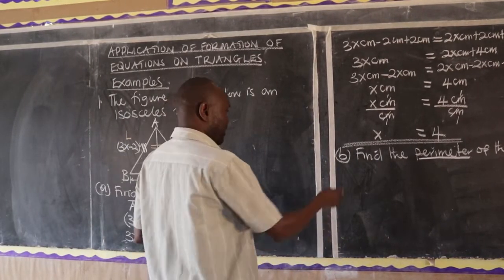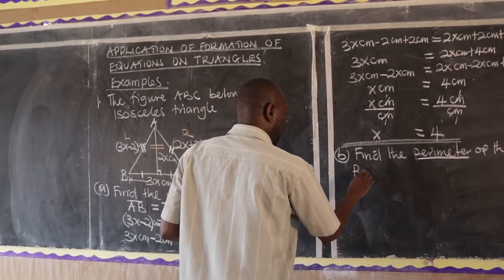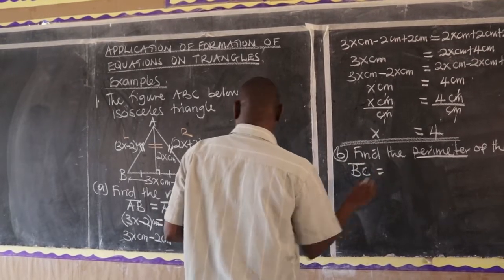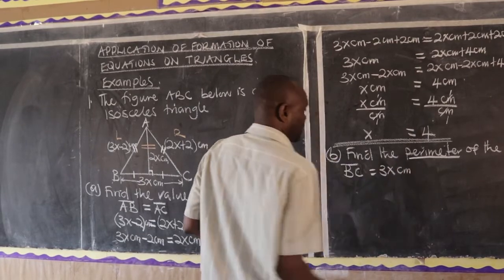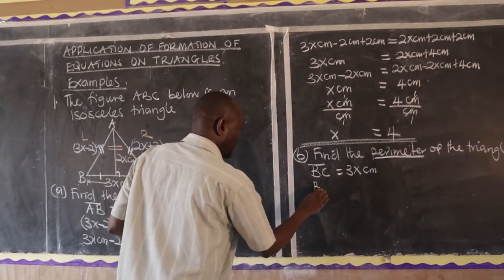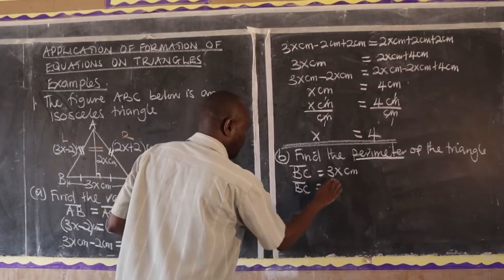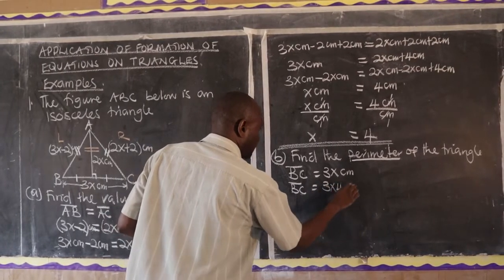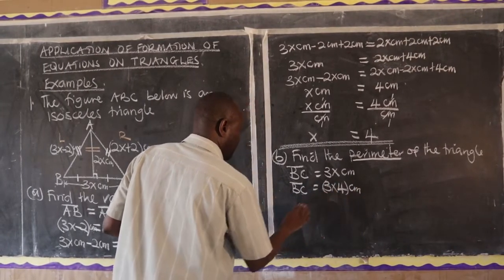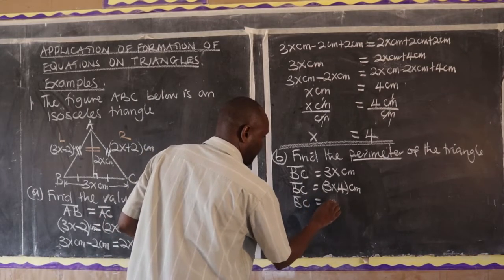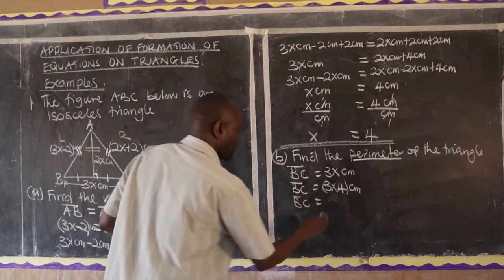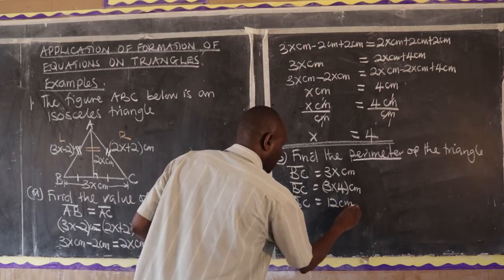Therefore, we shall first say line BC is 3x centimeters. Therefore, line BC gives us 3 multiplied by 4. BC gives us 3 times 4, it is 12 centimeters.